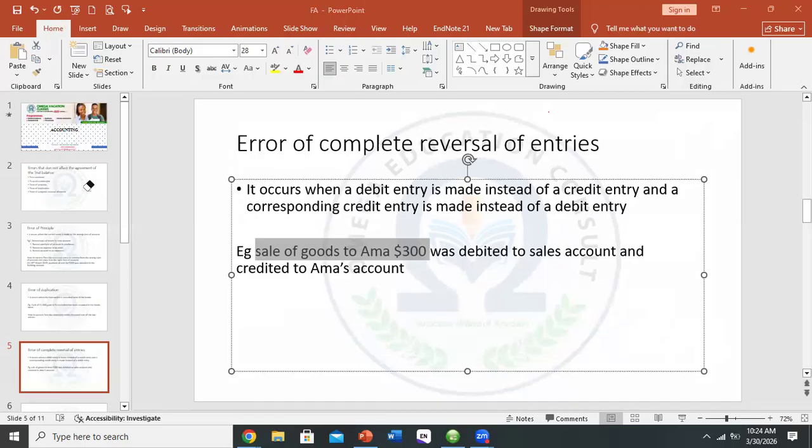Let me hear from Asada, Prof. Asada. If you sell goods to Amma, who do you debit, who do you credit?